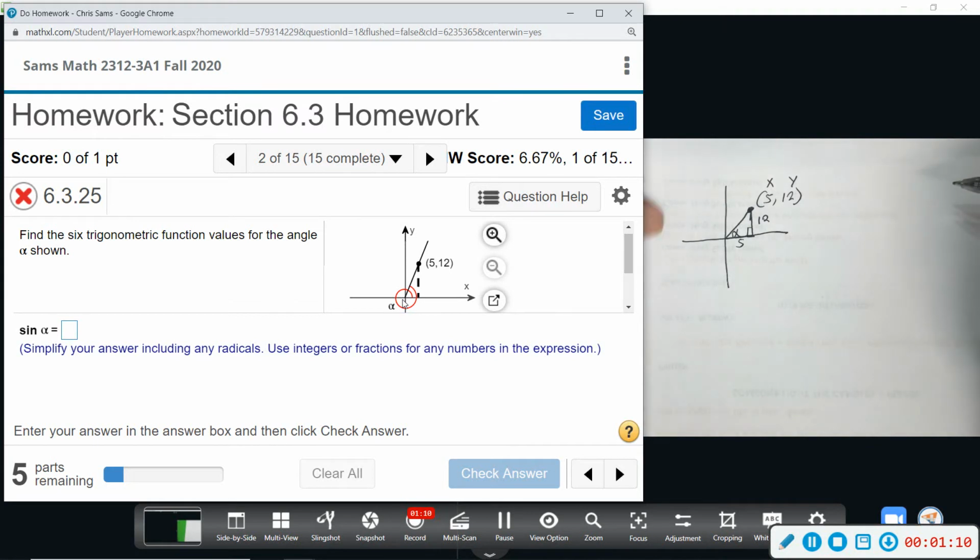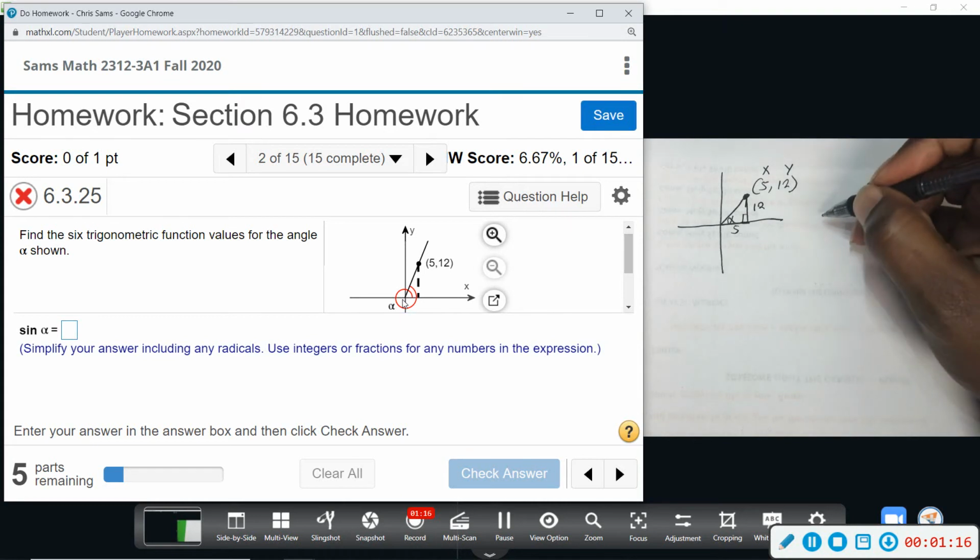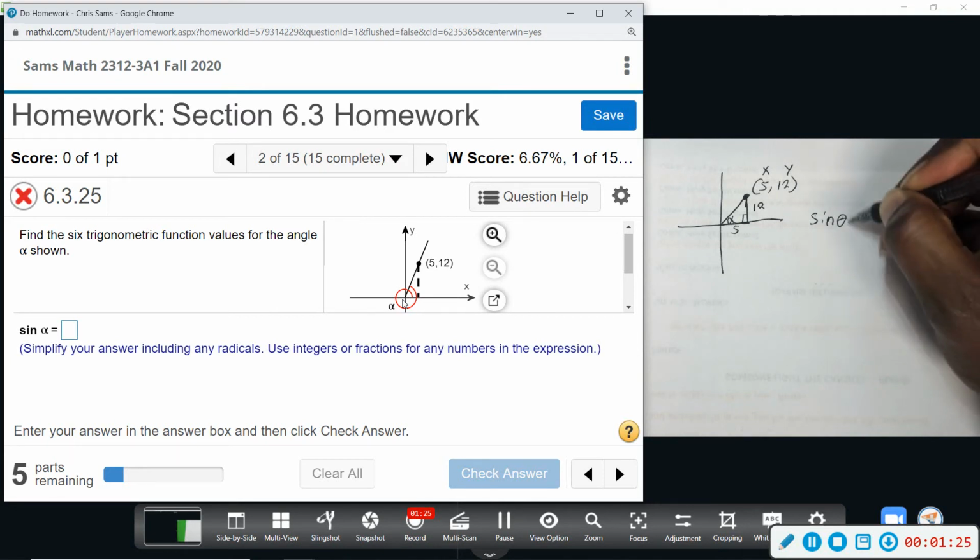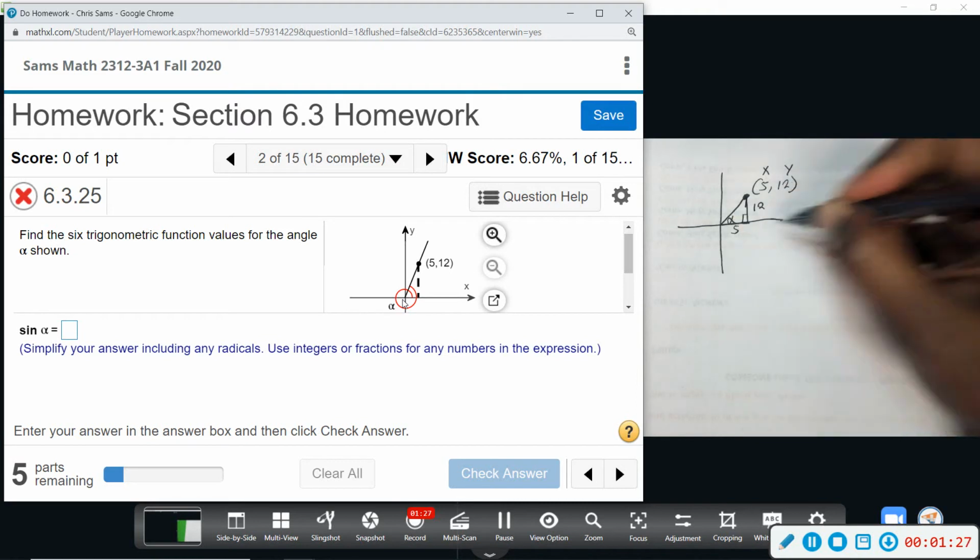Based on what we have, we're going to get all 6 trig functions, so you want to refer to your unit circle. I'm going to write them all out this first time. Sine of an angle. They might change this symbol. This is theta, they're using alpha.